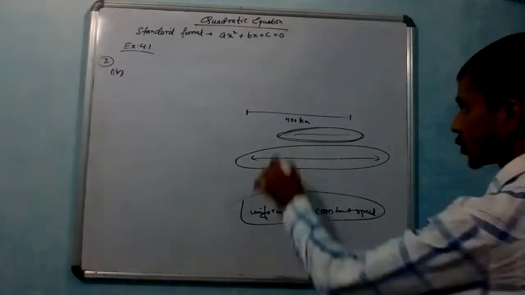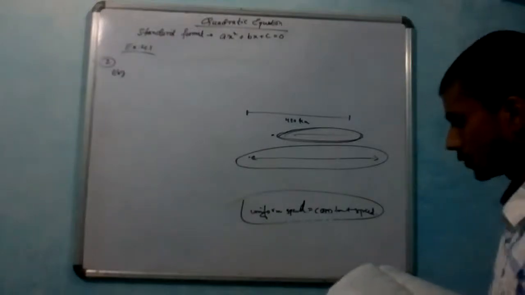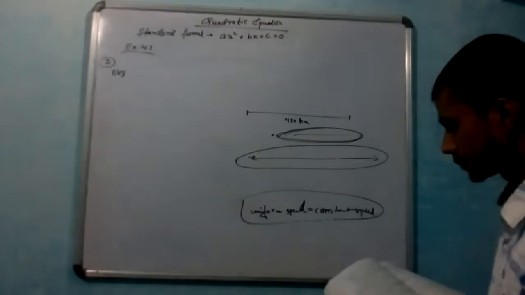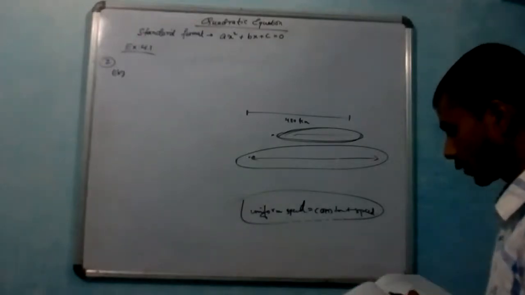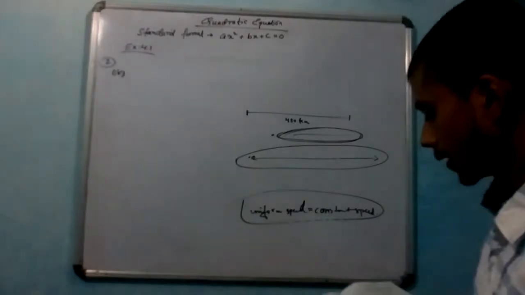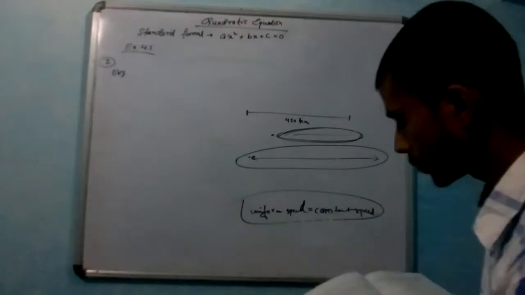So tell me what we should do. What should we have assumed? Let the speed of the train be 8 km per hour? No, x km per hour. What is the speed, original or this conditional speed? Original speed.